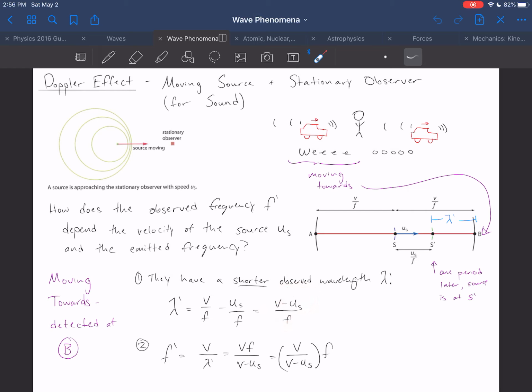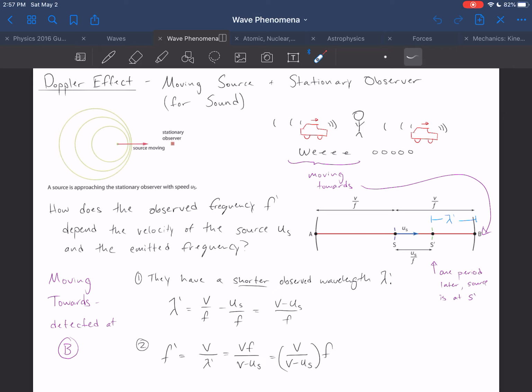So you take v times f divided by v minus u_s. That's just some algebra. And you can see that initial dependence on f here, f prime is this thing, algebraically removed, times f. So it's v over (v minus u_s) times f.